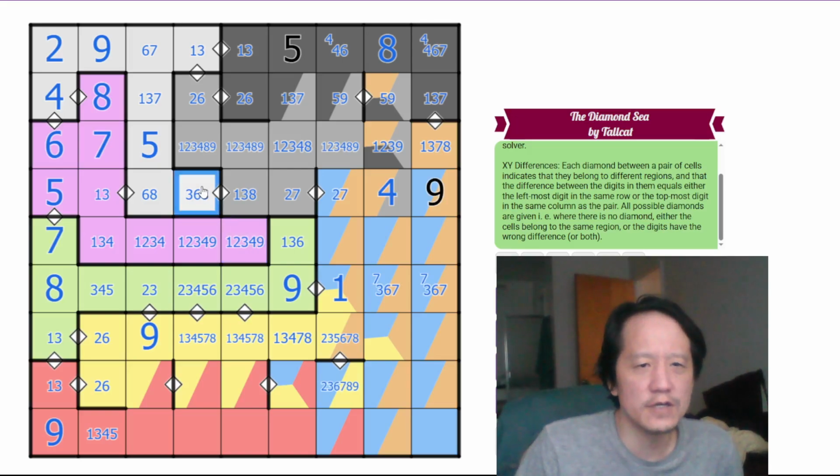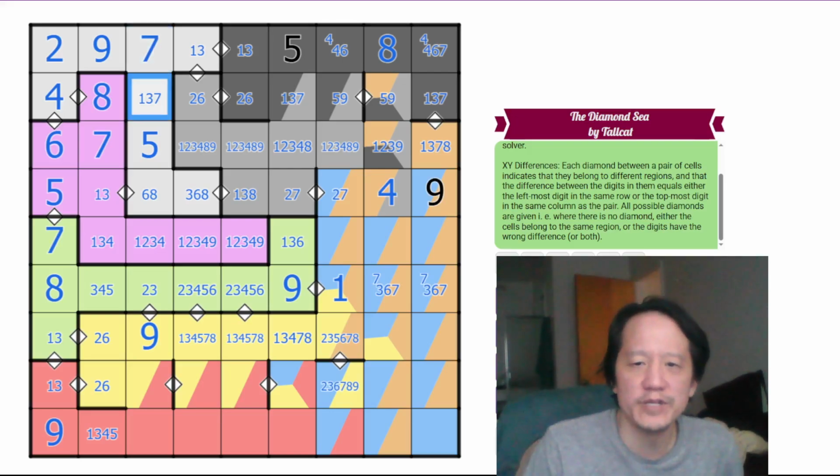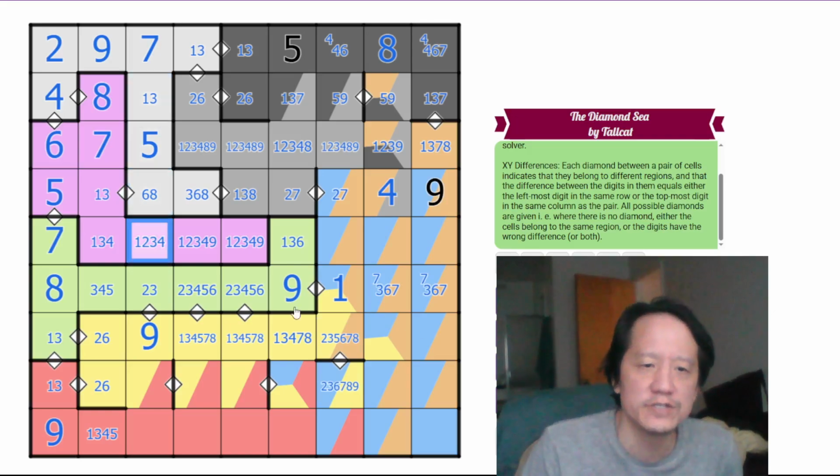So if this is 8, this has to be 3. If this is 6, this is 1. Okay, so 6 has to be one of these two cells, which means this can't be 6. This must be a 7, which eliminates 7 in the rest of the column, plus this difference has to be now 7, which makes this a 2.